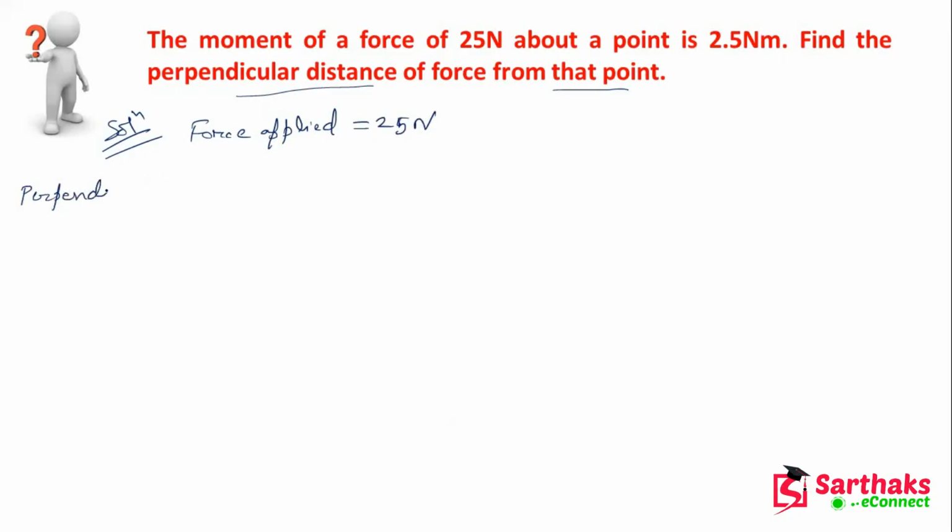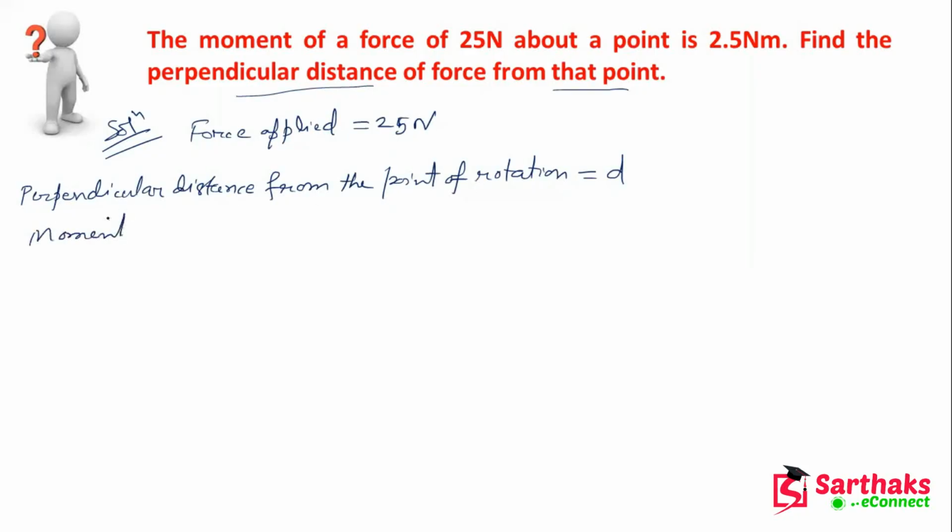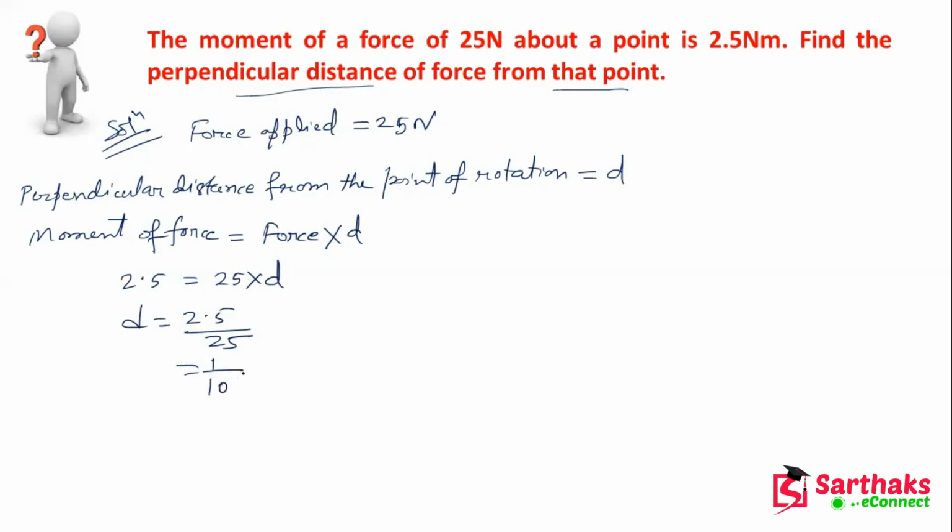Now the perpendicular distance from the point of rotation, that is D. So moment of force equals force into D. So 2.5 Newton meter equals 25 into D. So D is 2.5 by 25, that equals 1 by 10 meter. That means 10 centimeter.